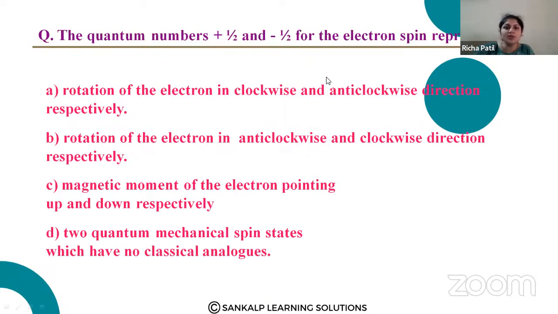Next, the quantum numbers plus half and minus half for the electron spin represent what? Read out the options and tell me the correct answer.